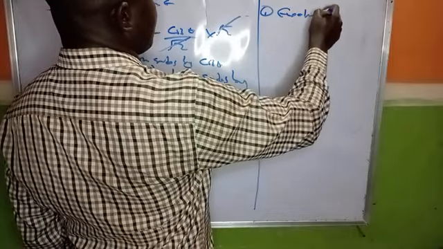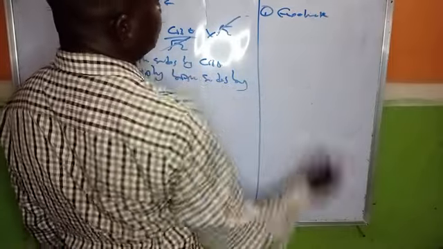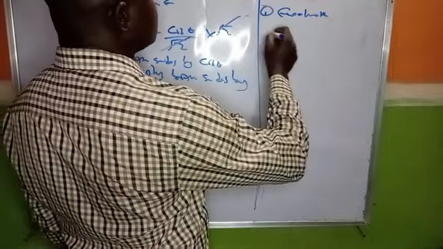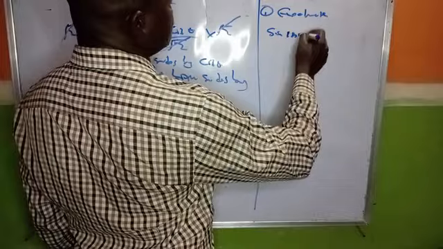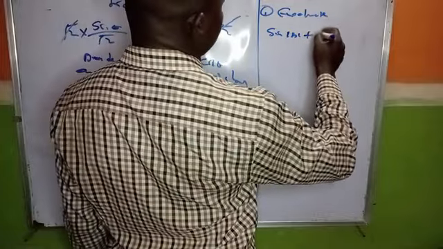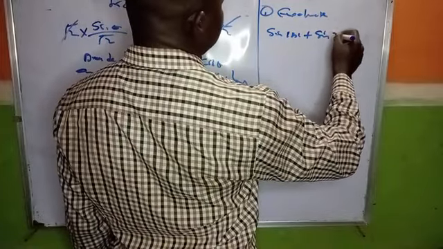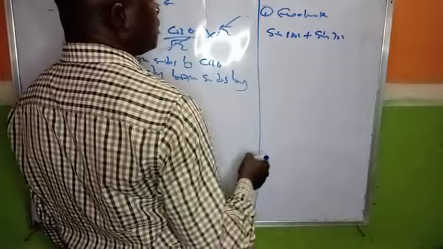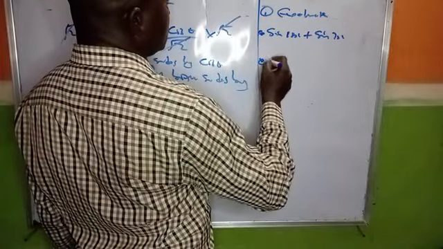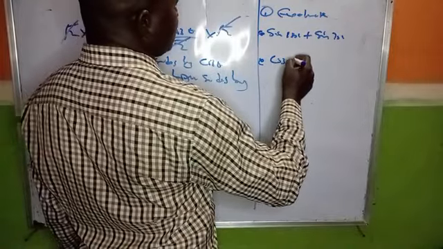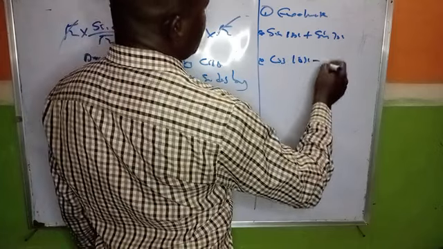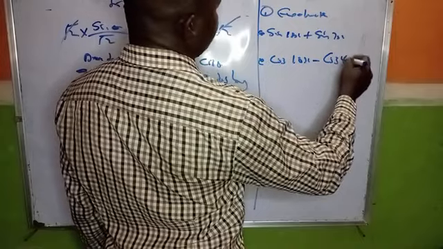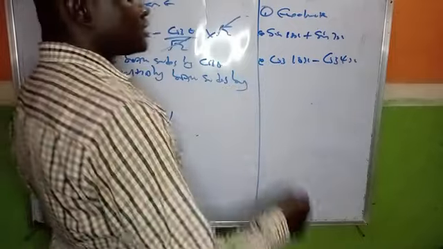Evaluate sine 13x plus sine 7x over cos 10x minus cos 4x.